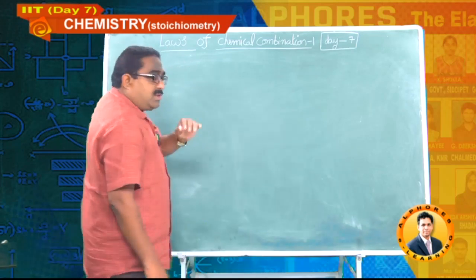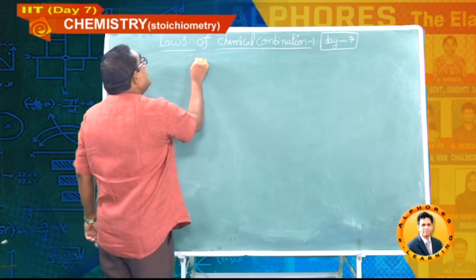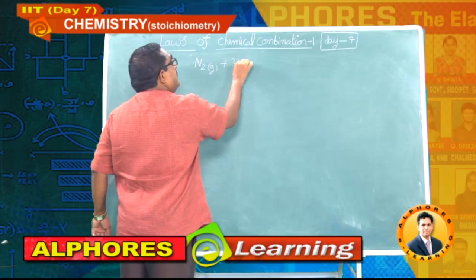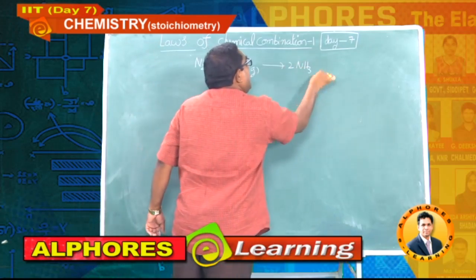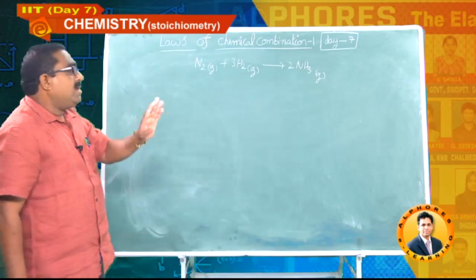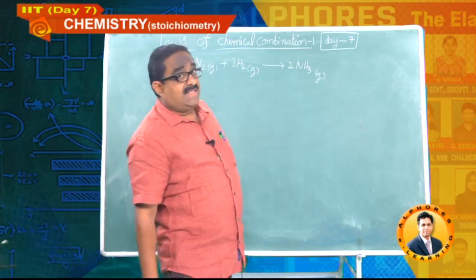Let me explain that. Say for example, nitrogen combines with hydrogen to form ammonia. All the three gases I have taken. Of course, at least two gases will be there, no problem, but here I have taken all the components as gases.